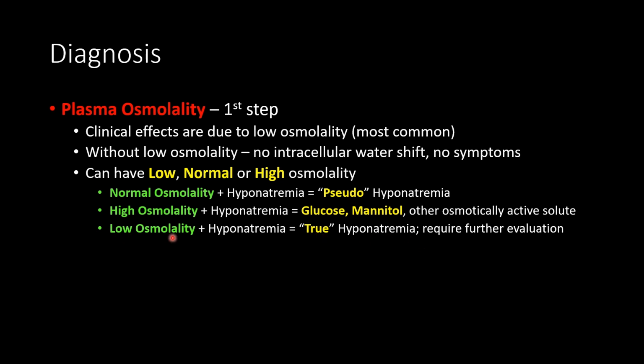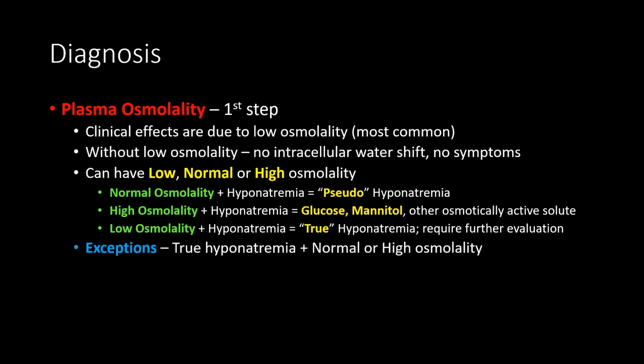That's why if we get a case of hyponatremia, our first step after history taking is always to measure the plasma osmolality, because that will guide us whether this is a case of pseudo or false hyponatremia or a case of true hyponatremia. If low osmolarity comes, we need to evaluate further. Exceptions are true hyponatremia plus normal or high osmolarity, that is uremia.